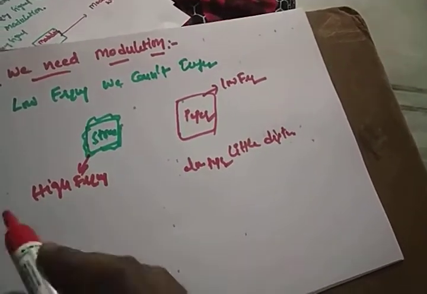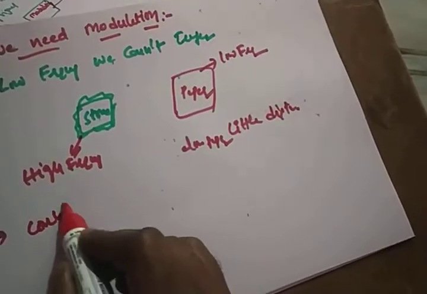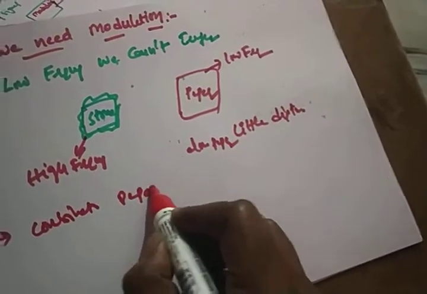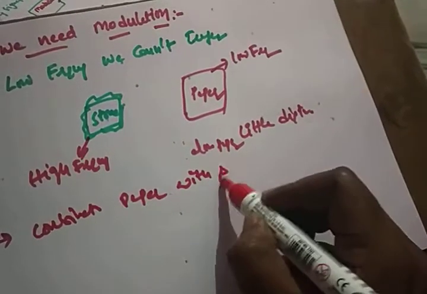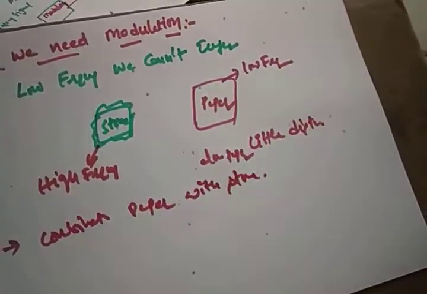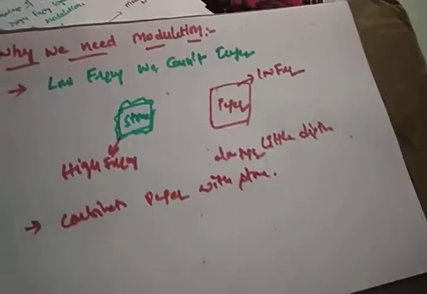So if we connect a stone to this paper and wrap the stone in it, the combination of paper with stone, we can transfer for large distances. So the combination of paper with stones, we can transfer for large distances. That process of combination of paper and stone we can call modulation.